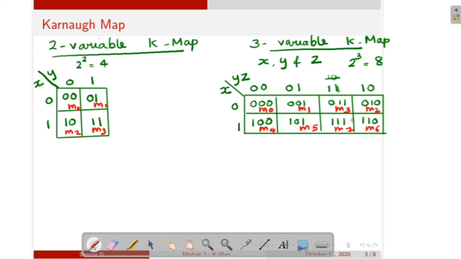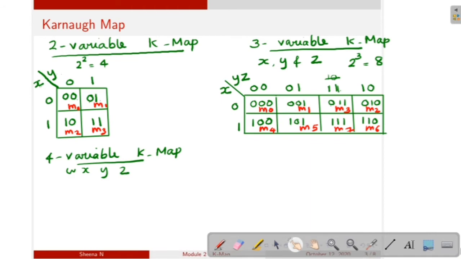Okay, then next one is the 4 variable K-map. In a 4 variable K-map, we have 4 variables. Suppose the variables are W, X, Y and Z. Okay, so we can draw the K-map like this.